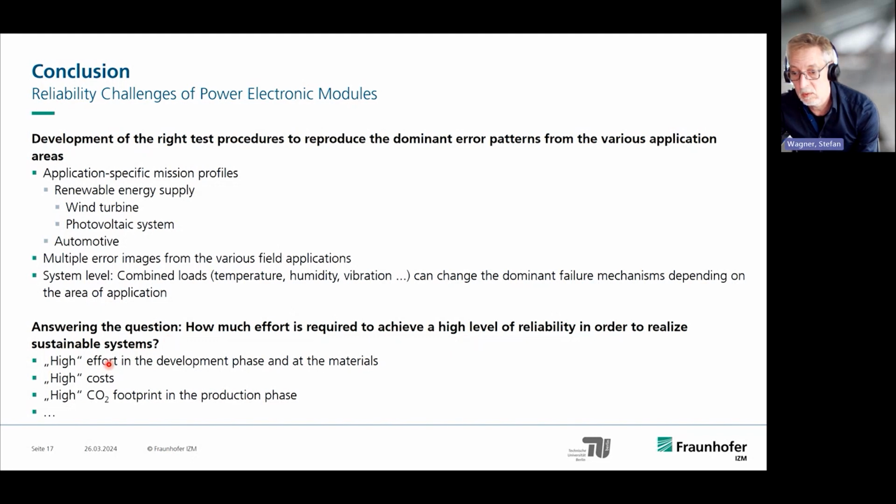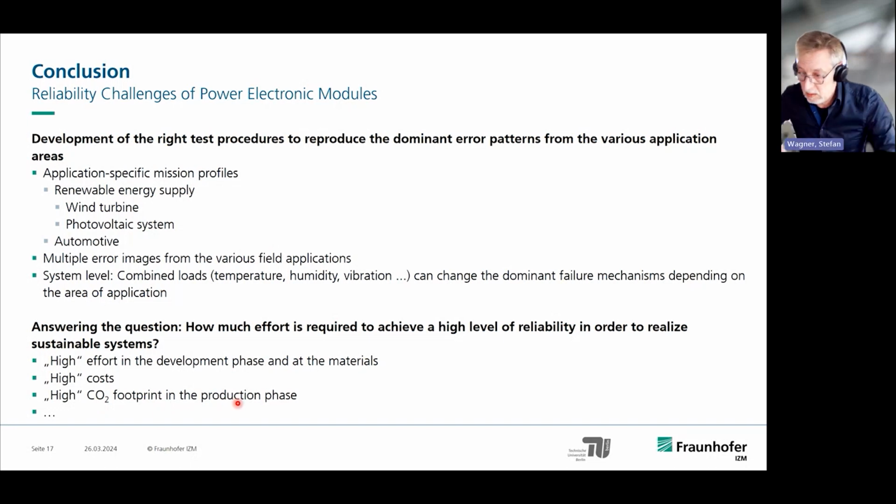Here we have to keep in mind high effort in the development phase on the materials, which reduces sustainability, so also sustainability reaches high costs and a high CO2 footprint in the production phase.